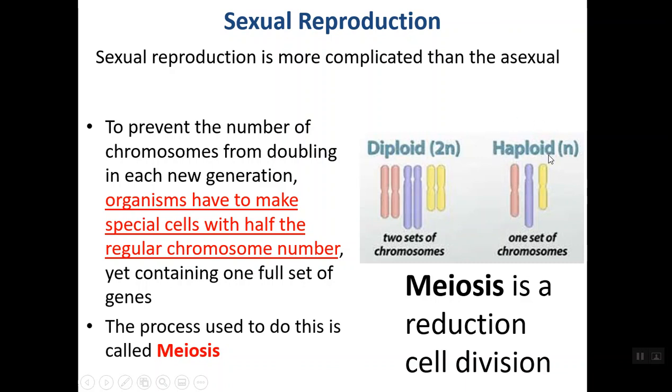And haploid, which is indicated as N, means having one set of chromosomes, one chromosome for each set. Remember that species of different organisms, animals but also plants, typically have more than two chromosomes, with some exceptions.